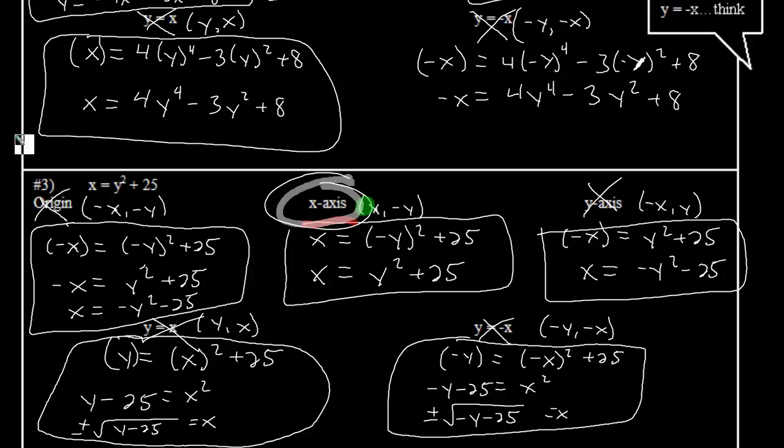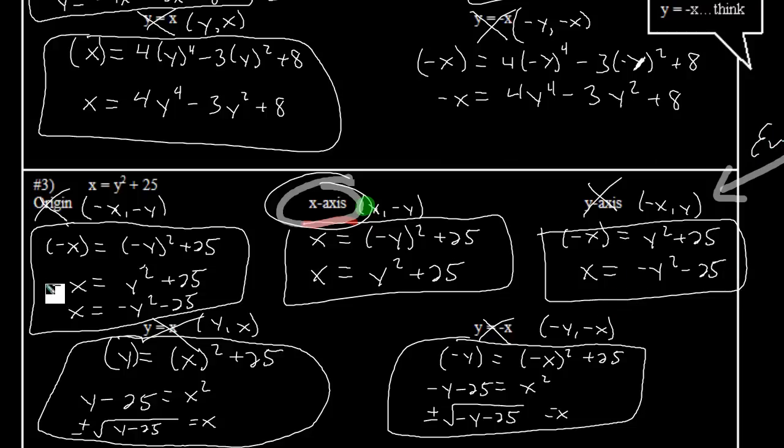Okay, we're almost finished. Let me give you a little tidbit here. There's a special name for a graph that is symmetric with respect to the y-axis. If a graph is symmetric with respect to the y-axis, then that graph is called an even graph.